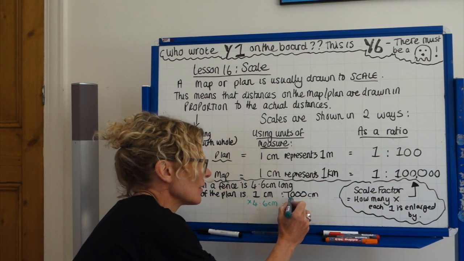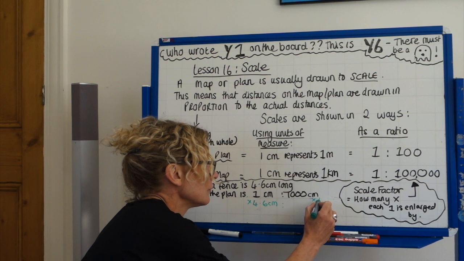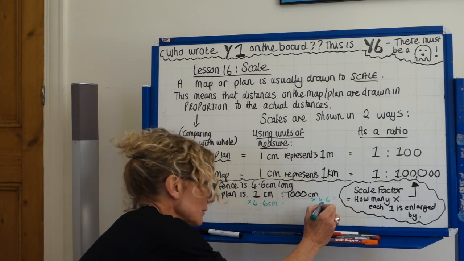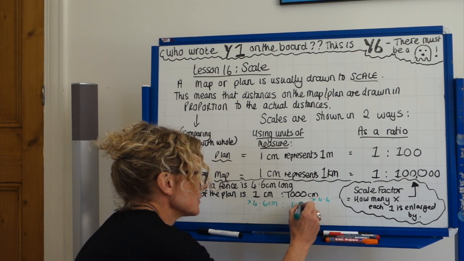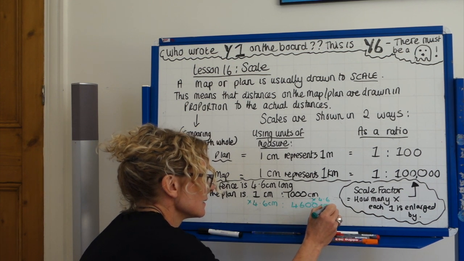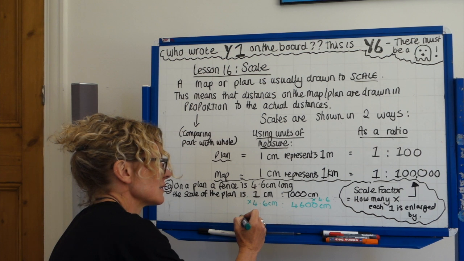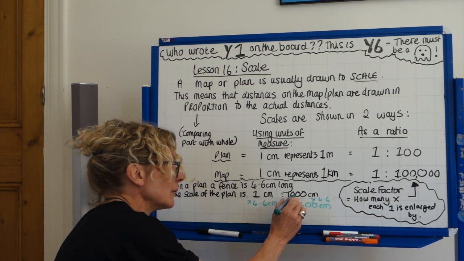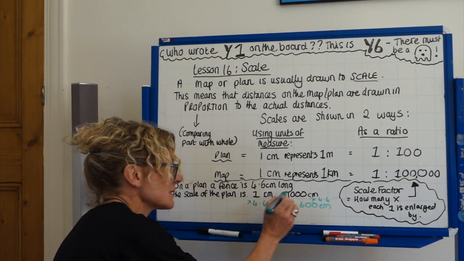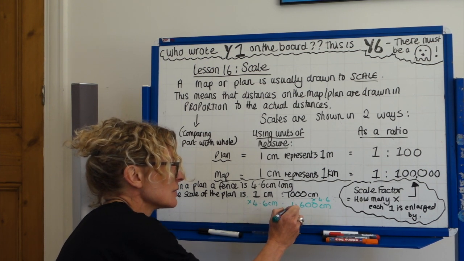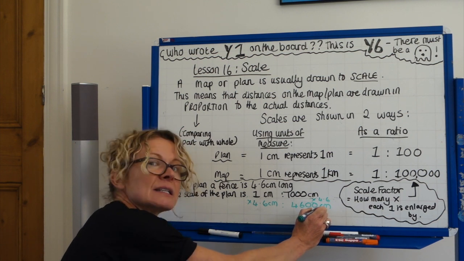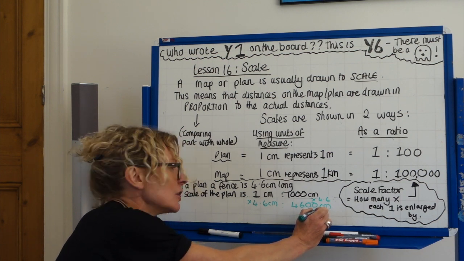We're going to times the 1,000 by 4.6, okay? Right, so timesing that by 4.6 makes 4,600 centimetres. So that ratio has gone up in the same proportion, this side and this side, okay? So for every 4.6 centimetres, there's 4,600 centimetres in real life for that gardener to know.